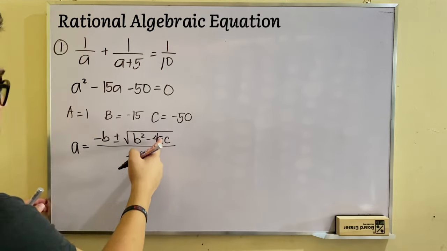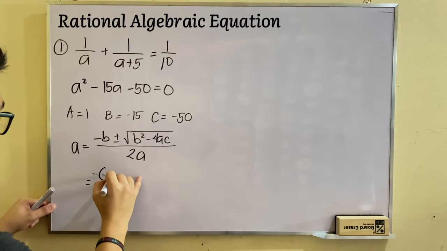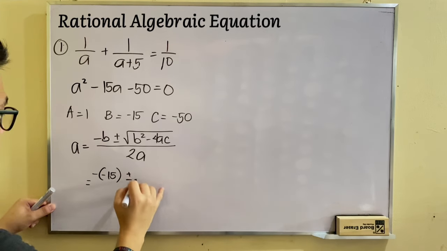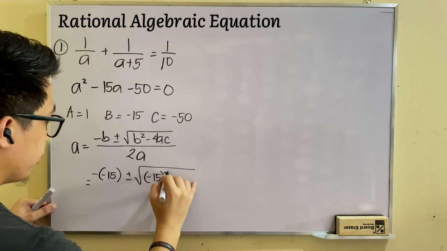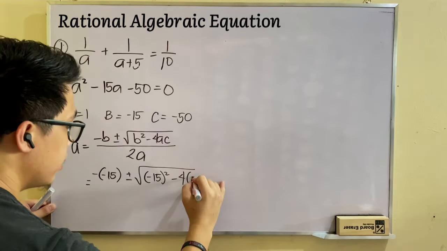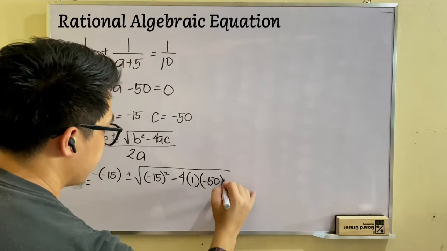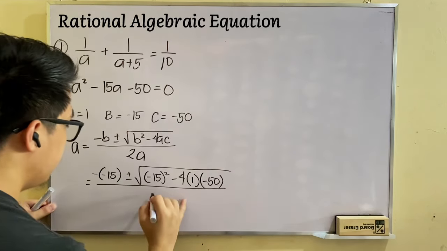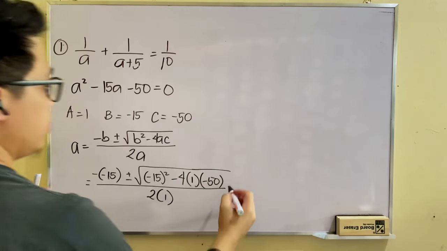Substituting value ng a, b, and c, so negative of negative 15 plus or minus square root of negative 15 squared minus 4 times a, which is 1, and c, which is negative 50, all over 2 times 1. So, continue ko dito.